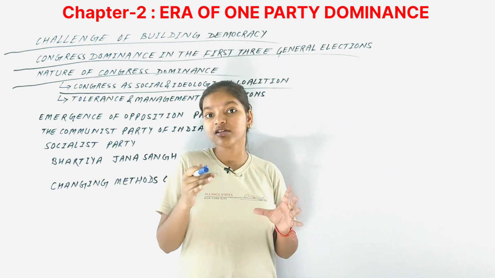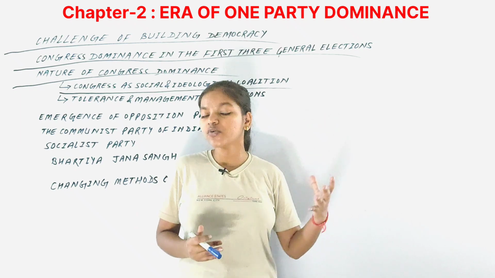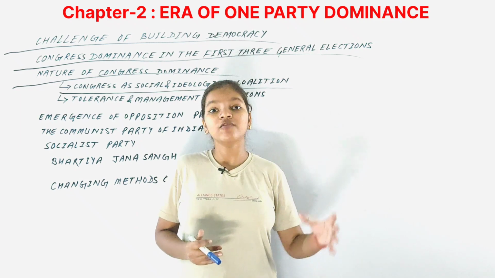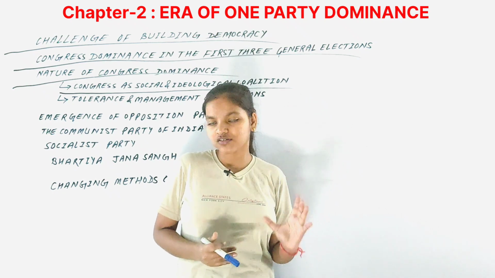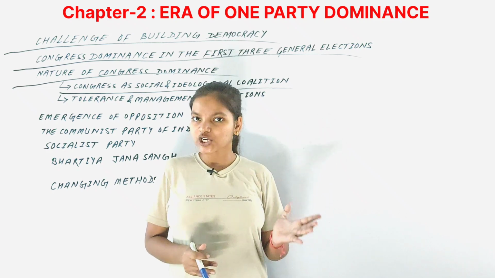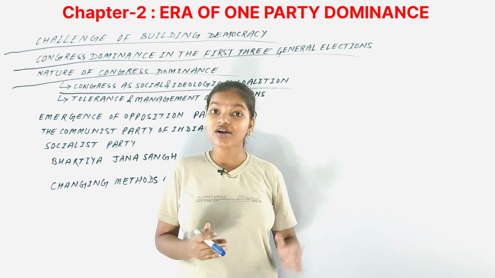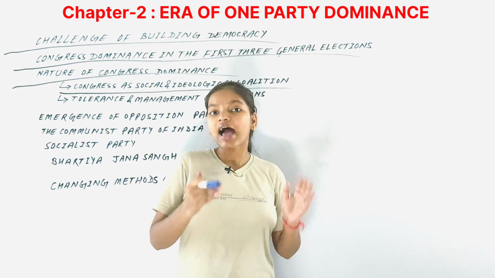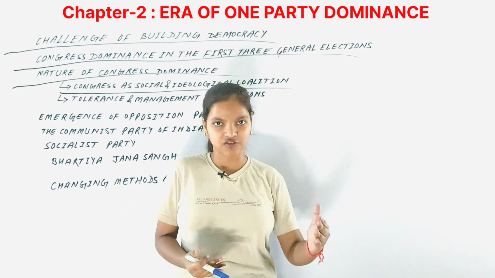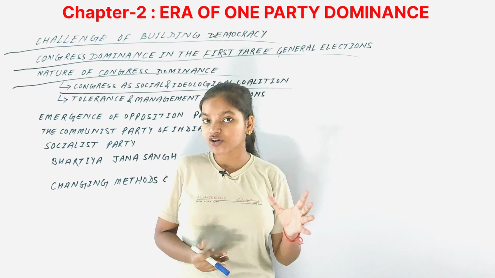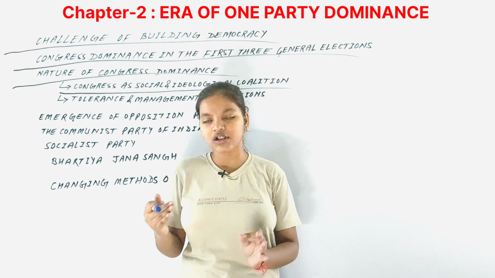It itself was representing all the sections of the society, because there were numerous groups in the Congress party which had different opinions, different interests, different ambitions. And that is why, rather than being just a political party, the Indian National Congress at that time was considered a platform for numerous groups to share their interests and work for their interests, and that is why it's considered a coalition.